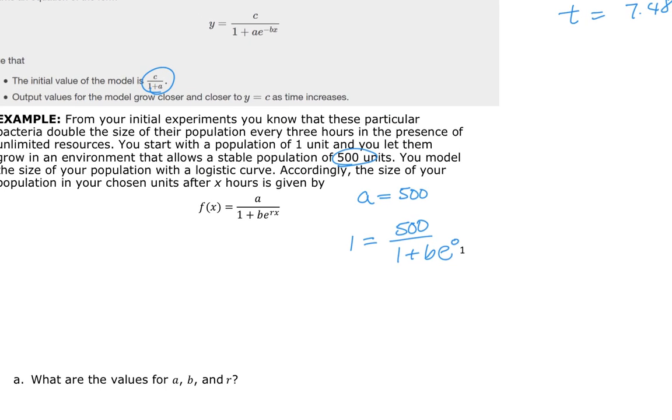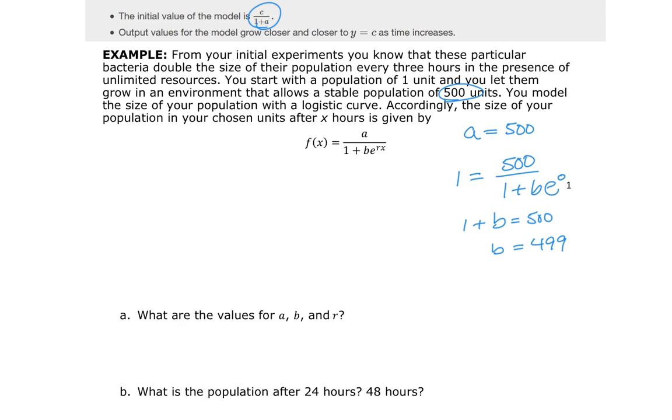So what I'm going to get is 1 plus B is equal to 500, so B is equal to 499. So to answer this question, we found A to be 500. We have found B to be 499.